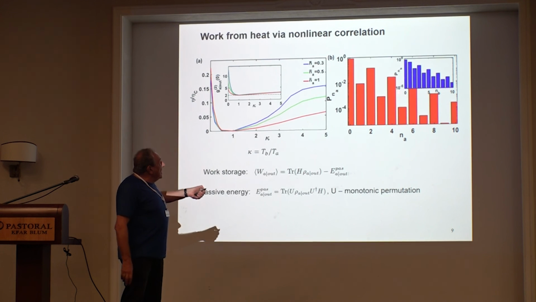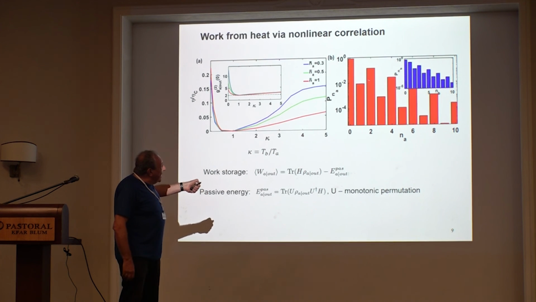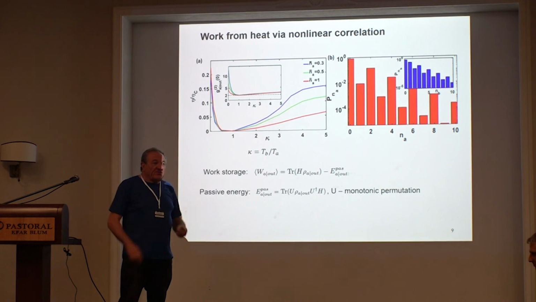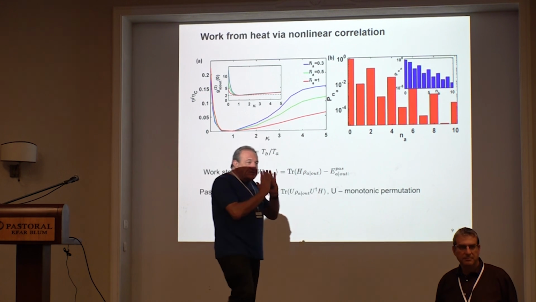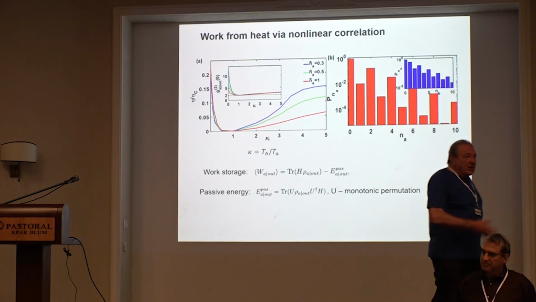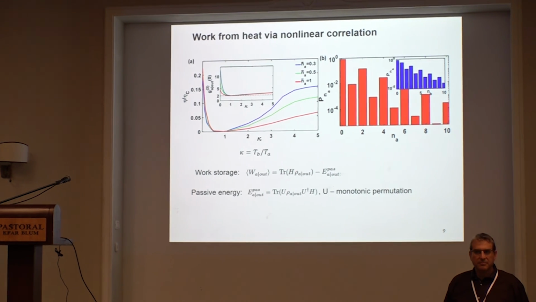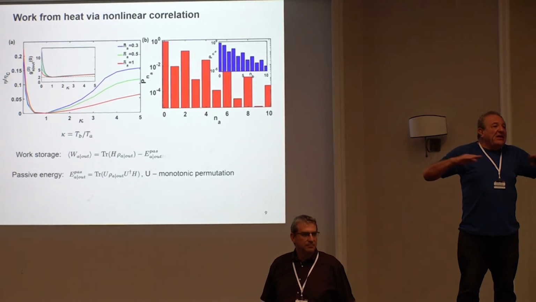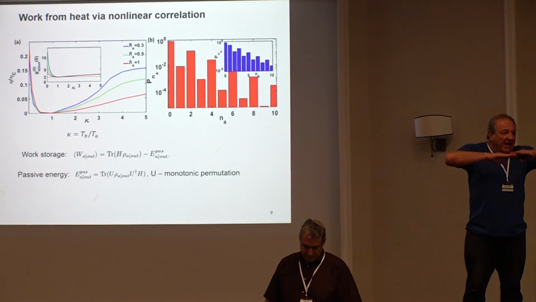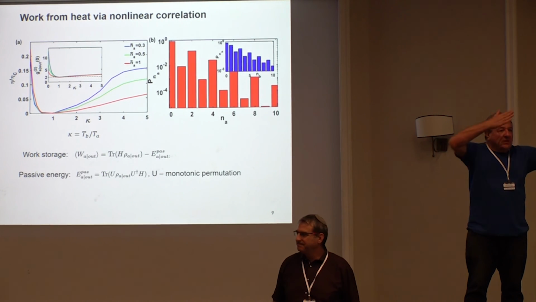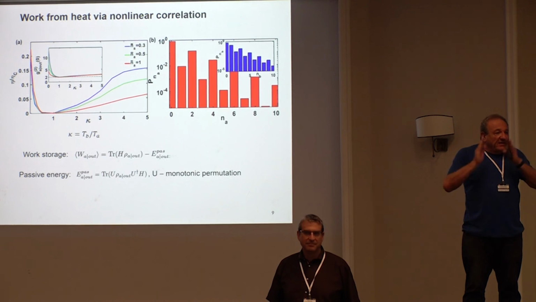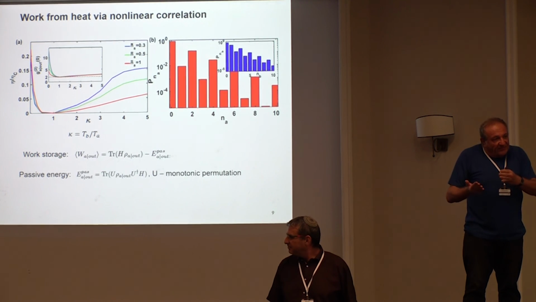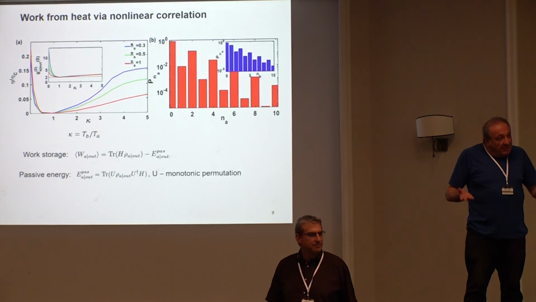So if you have a non-monotonic distribution, you have to deduct the monotonic distribution, and what remains can be converted into work. This is a strict definition of work, and I'm sure you can apply it to cold atoms, but of course it takes some consideration. In any distribution, you have a monotonic fall-off, and that is not work, that is essentially heat. So you have to deduct that from the mean energy, and what remains is work.